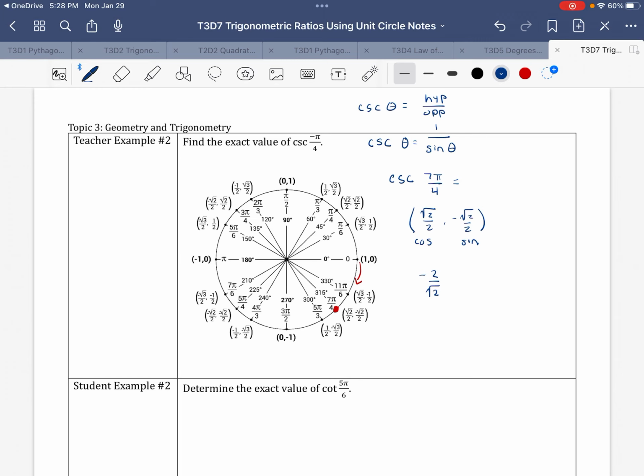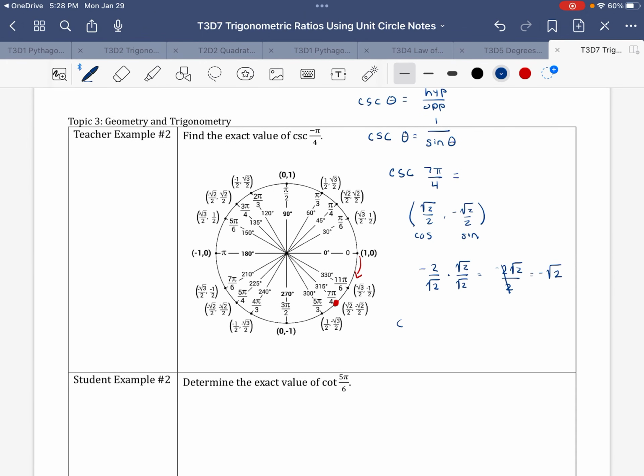And again, we don't like having our square roots in the denominator, so we're going to multiply by root 2 over root 2, rationalize our denominator, negative 2 square root of 2 over 2, and we end up with negative root 2. That tells us cosecant of negative pi fourths equals negative square root of 2.